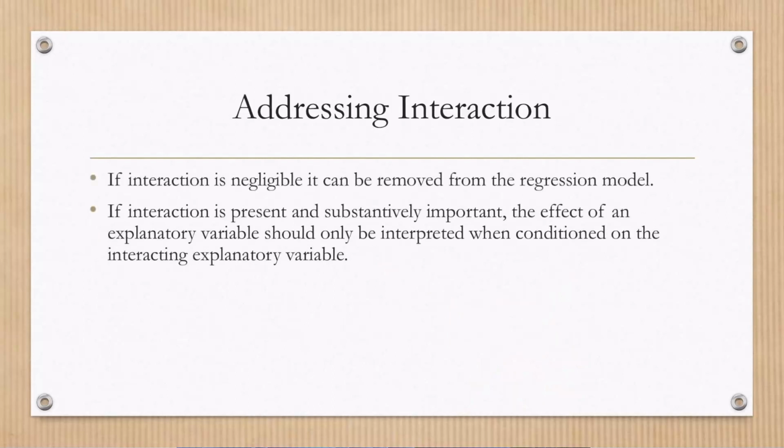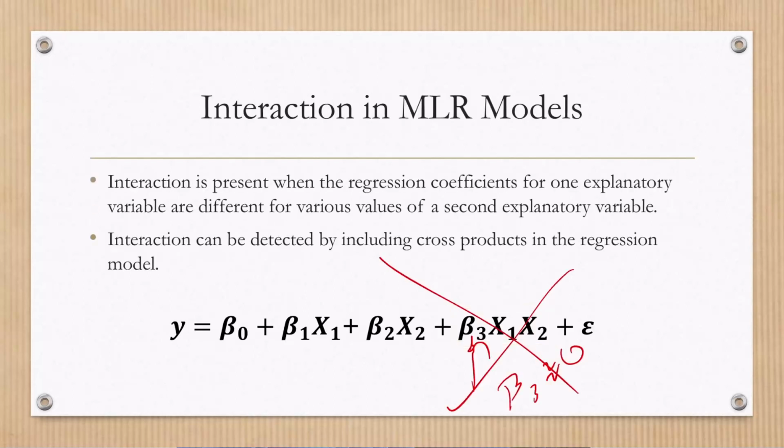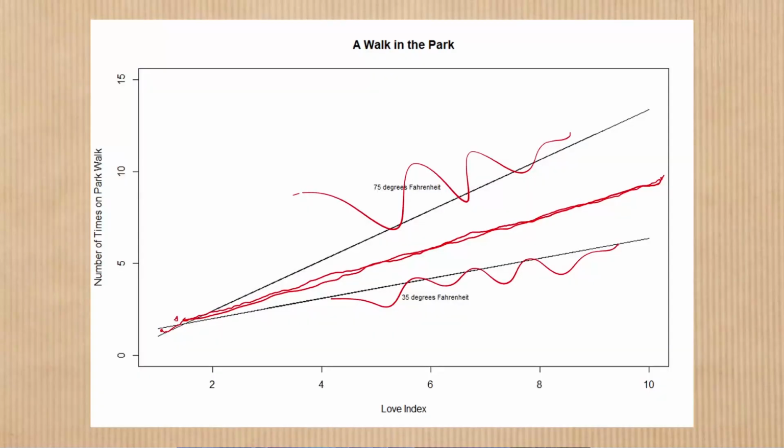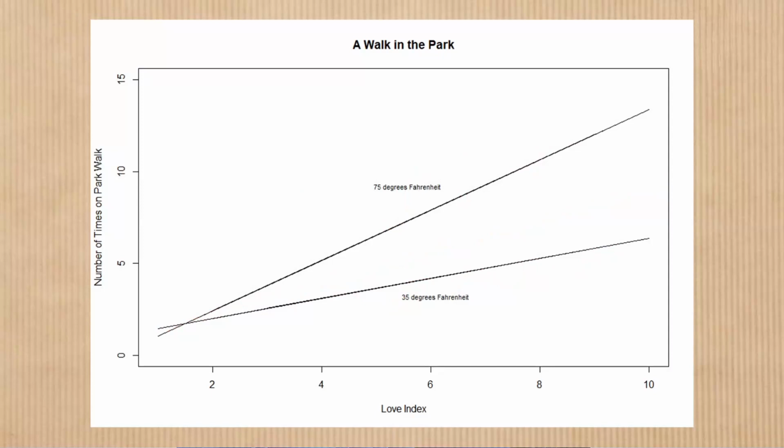If interaction is present and substantively important, the effect of an explanatory variable should only be interpreted when conditioned on the interacting explanatory variable. What do I mean by conditioned on the interacting explanatory variable? Well, go back and look at this picture. That's what I've done here.